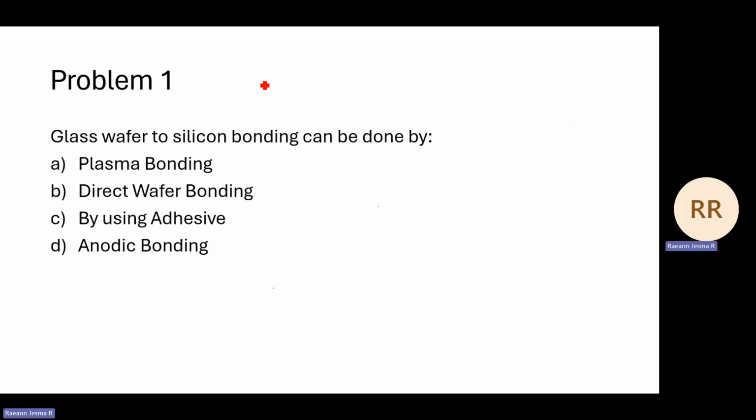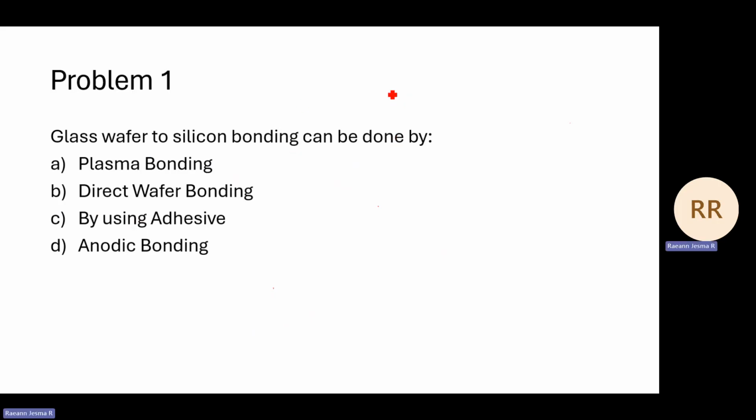Okay, so first let us start with problem one. Glass wafer to silicon bonding can be done using A. Plasma bonding, B. Direct wafer bonding, C. By using adhesive, D. Anodic bonding. So what is the bonding process generally?